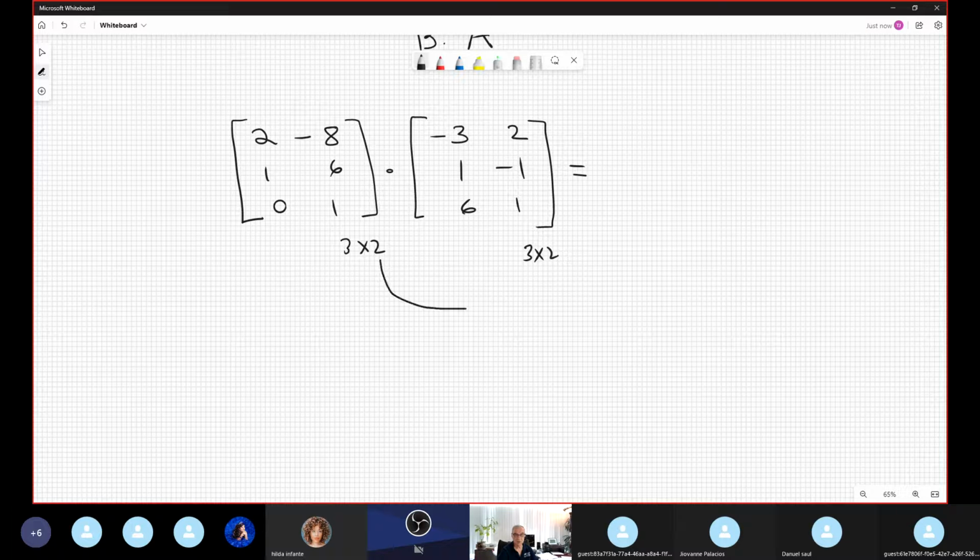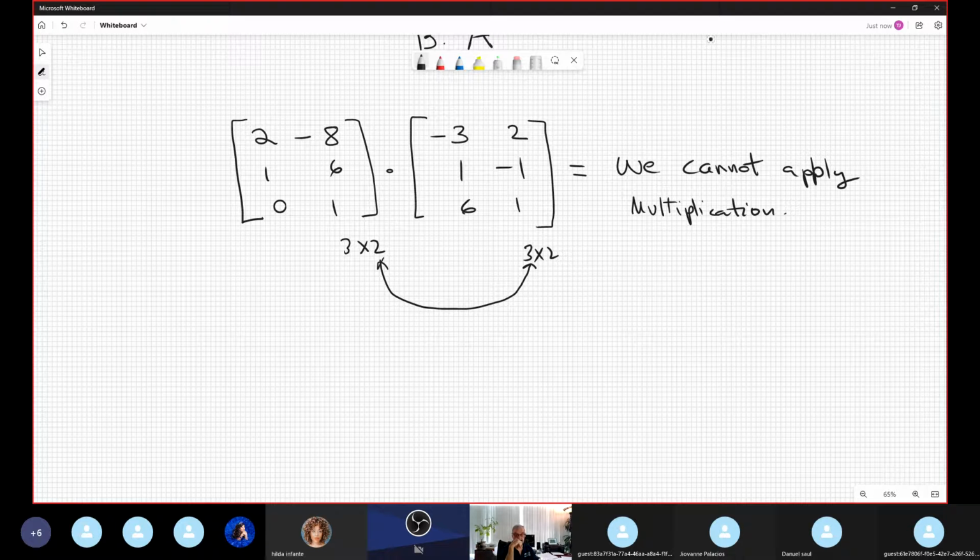And you analyze this number and this number. It's different. So we cannot apply multiplication in this case. Impossible. Very important, guys. You verify the dimension.